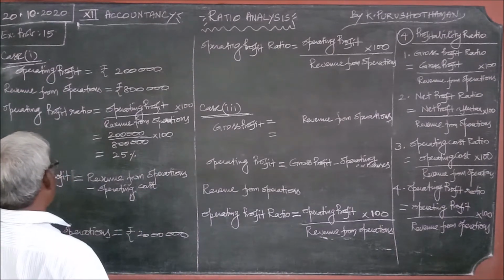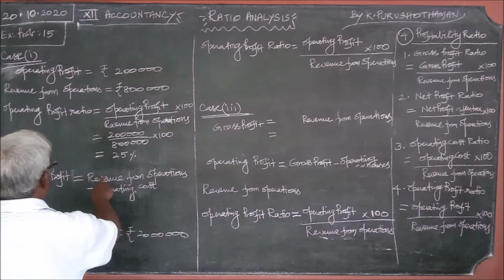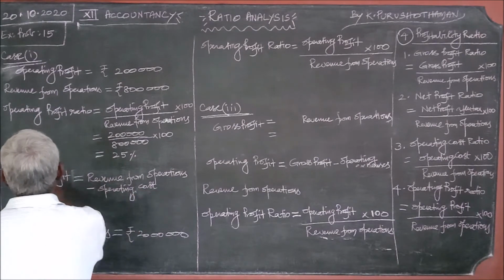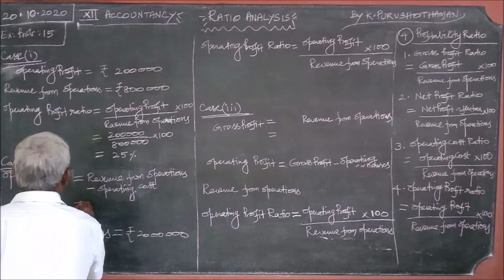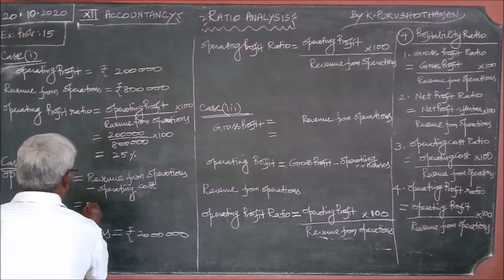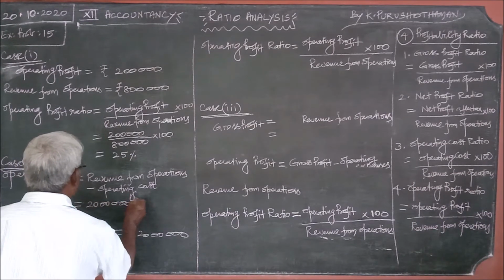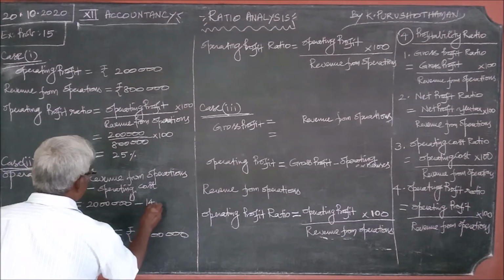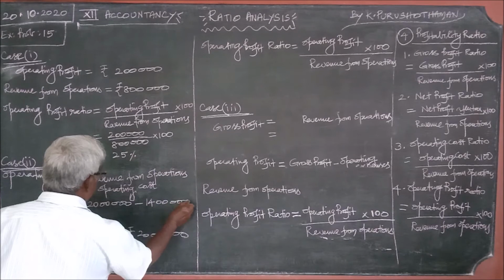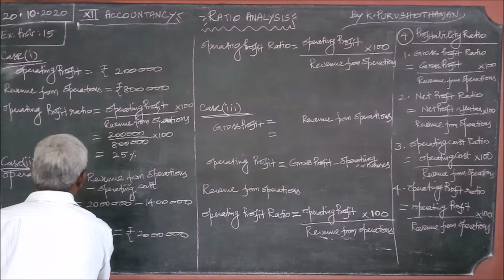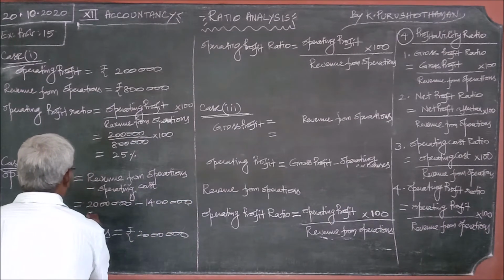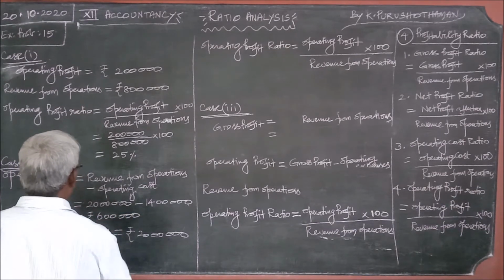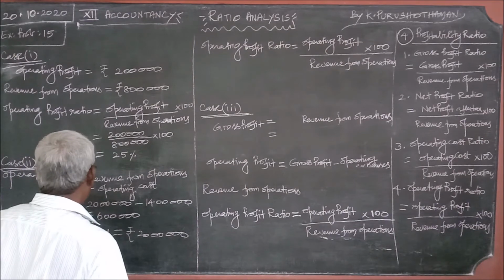So, if the operating cost is given, from the revenue, if you minus cost, you will get operating profit. So, what is revenue from operation? The value of revenue from operation is 20 lakhs minus the operating cost 14 lakhs. So 20 lakhs minus 14 lakhs, which is equal to 6 lakhs. 20 minus 14, 6 lakhs.